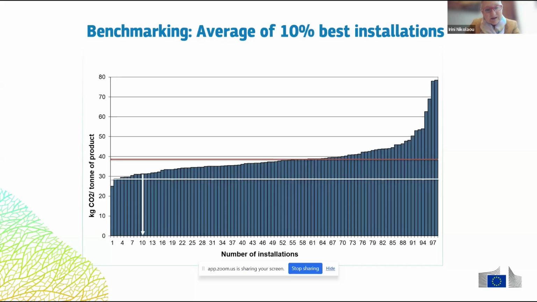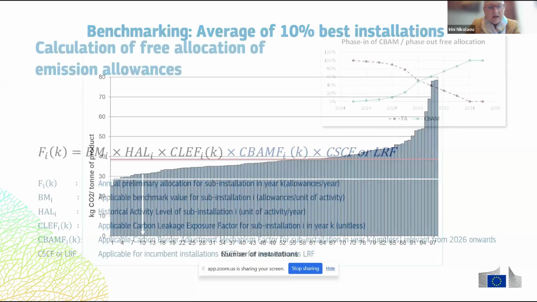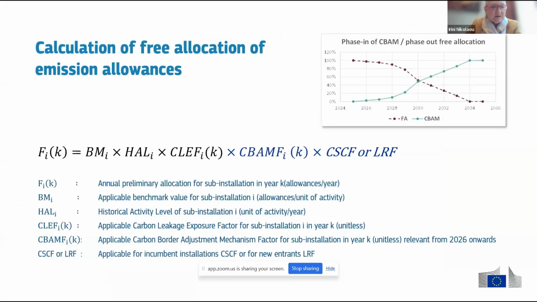So only the installations here at the beginning, if I go back to the formula, let's say the best installation, will receive the amount of allowances that they need, if they are not under carbon leakage risk, if they are not CBAM products, and if there is no cross-sectoral correction factor.